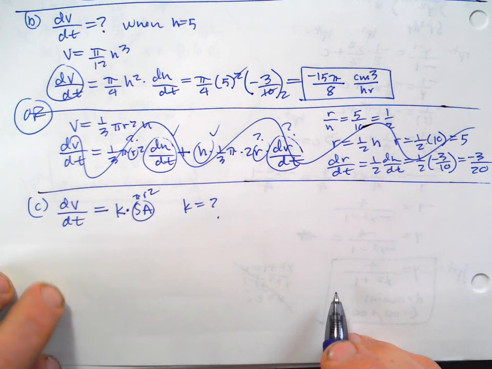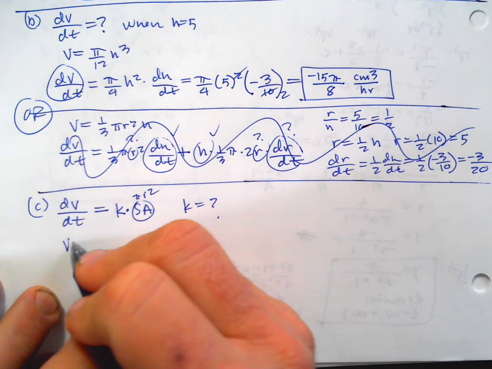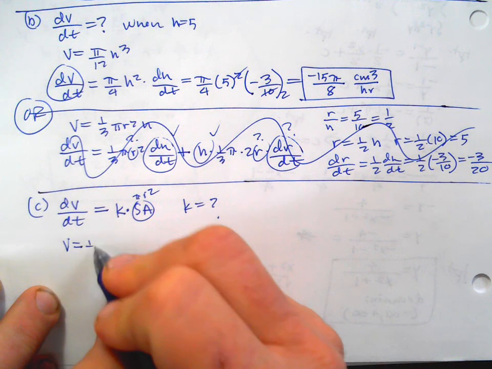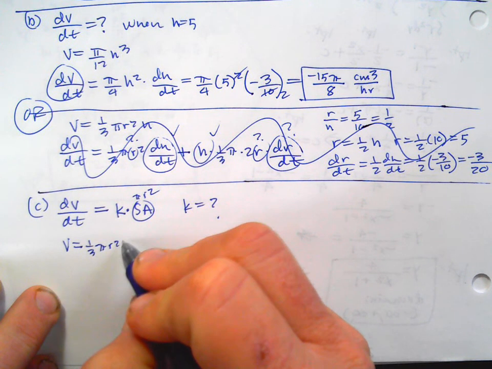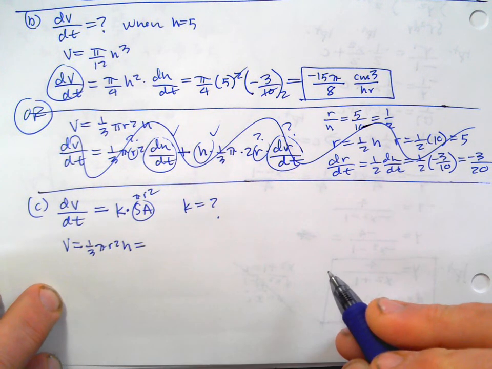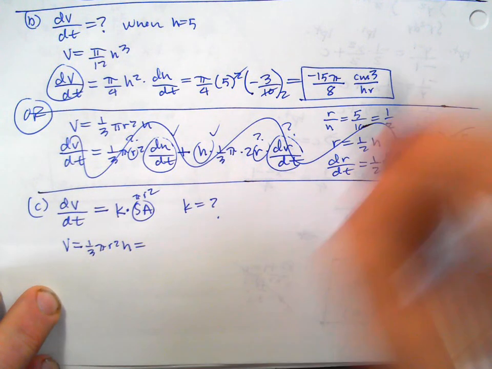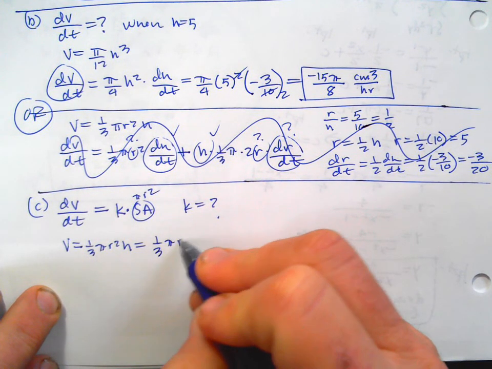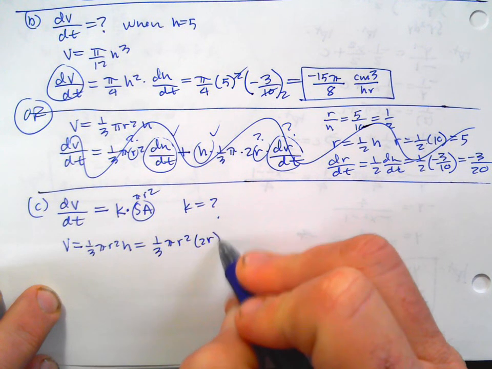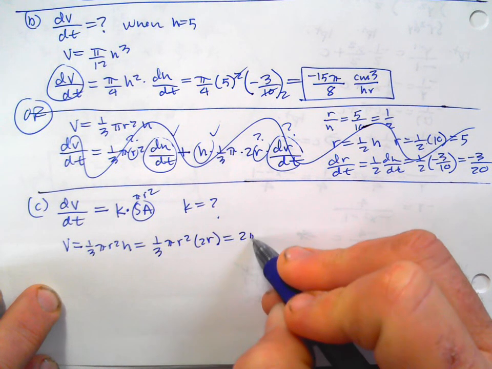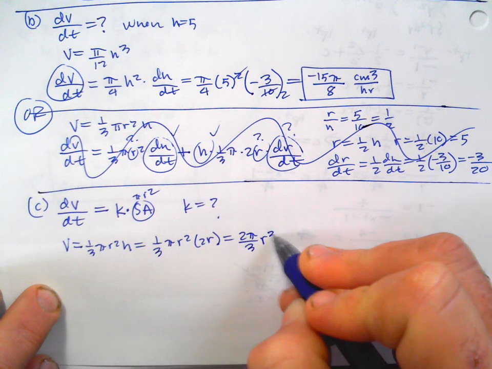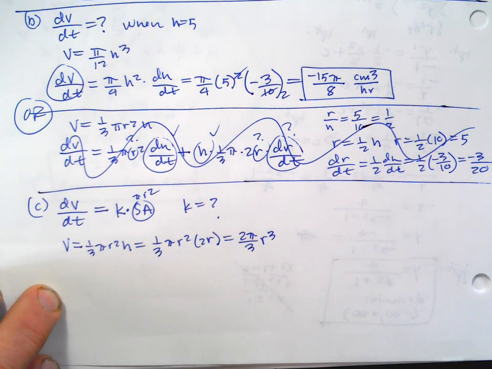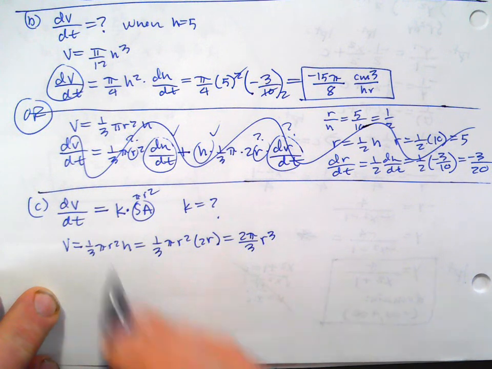So there's two ways of doing this. My idea is let's rewrite the volume formula, 1/3 pi r squared h, so that it has all r's instead of all h's. I wrote earlier that h equals 2r was one option. And so then we get 2 pi over 3 r cubed, which is a nicer, more friendly possible way of getting a pi r squared in our answer.